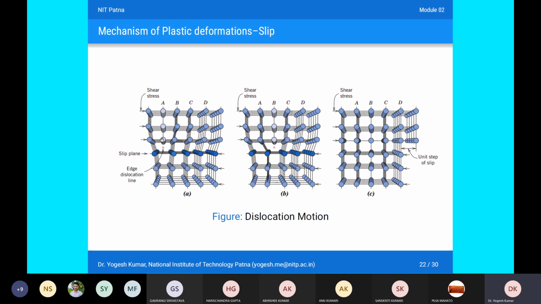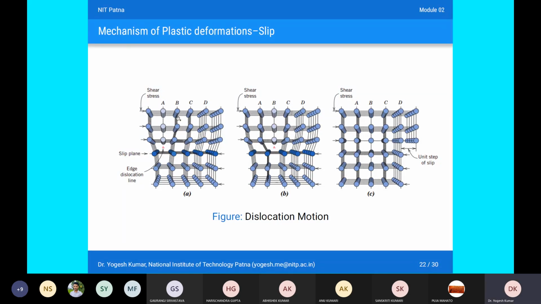So in the first step, this extra half plane gets shifted to the nearby atom, and it becomes a full plane of atoms, as you can see in the second figure.